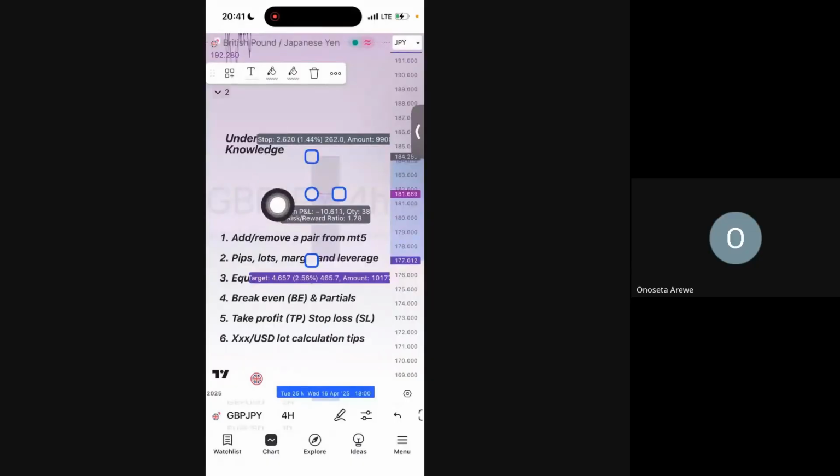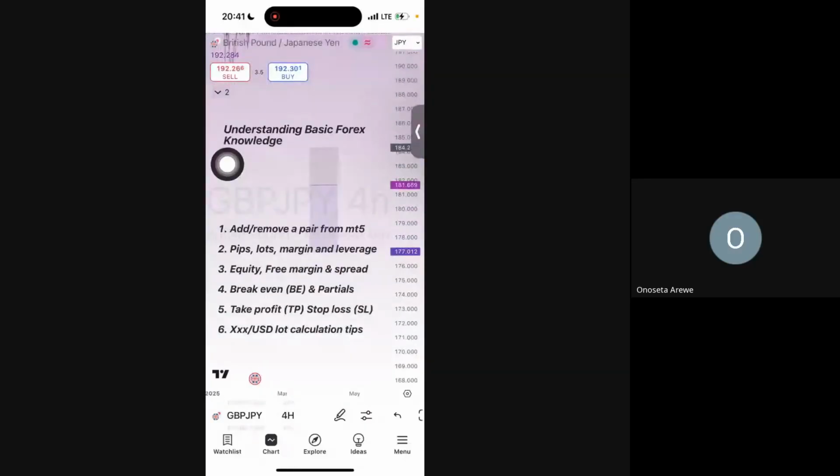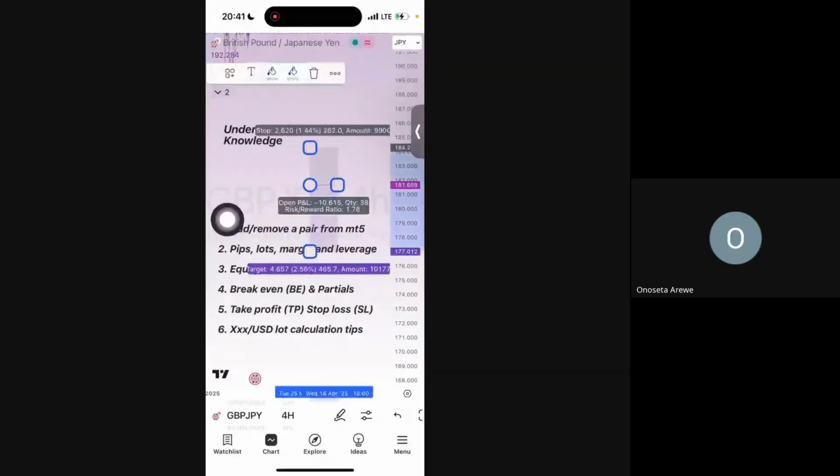Yeah, obviously 2.6. Now, hold on. Yeah, it's 2.6. So how many pips is this actually in the price difference? It's not 2.6 pips. It is 262 pips between this and this. Now, this is for JPY pairs.